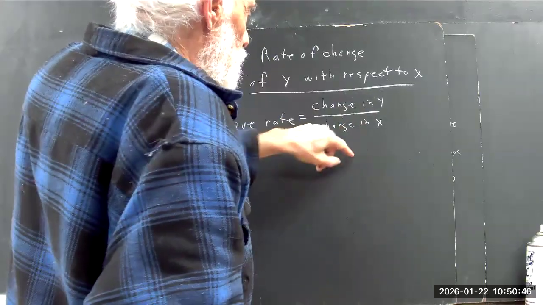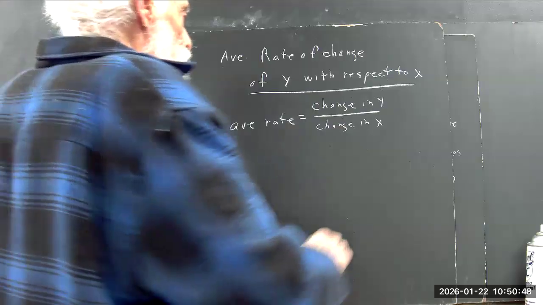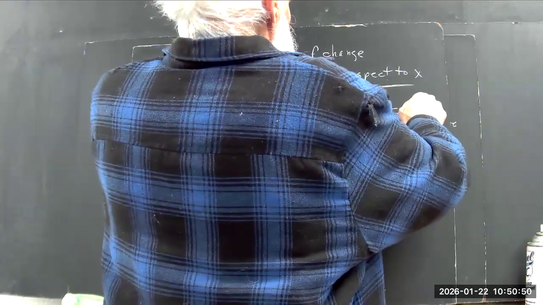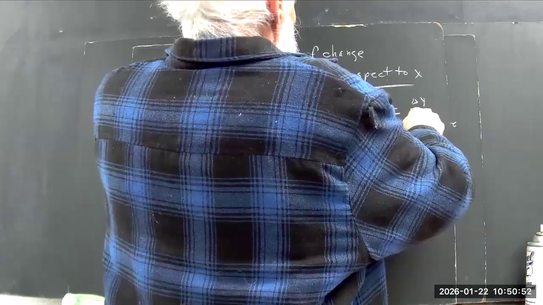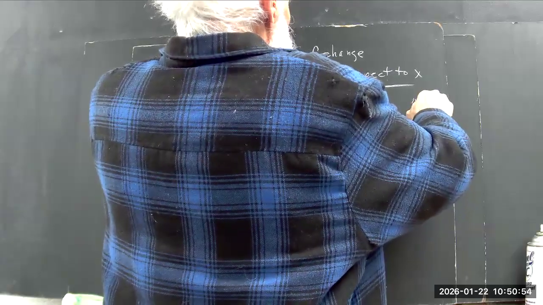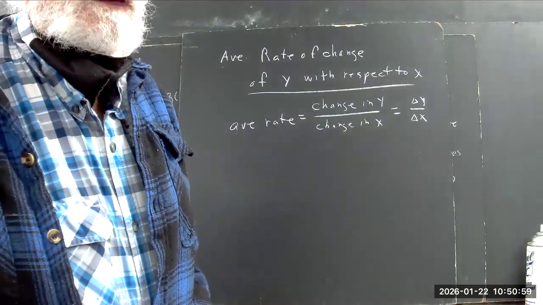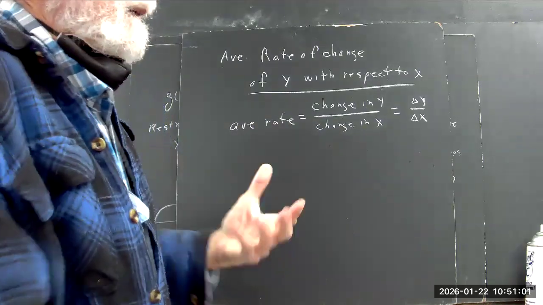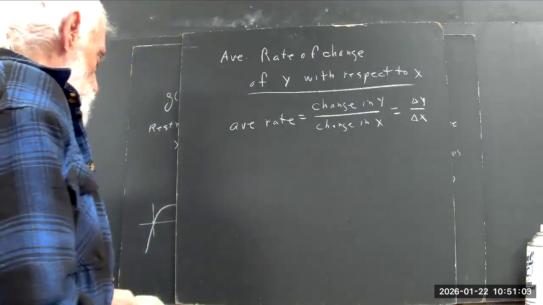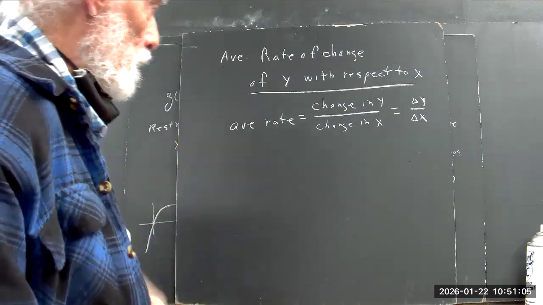It's the change in y divided by the change in x. And we can write that as delta y over delta x. And there are a number of other ways to write it, but these are the ways that I kind of prefer, just conceptually, so you don't get tied up in a formula that you don't completely understand.